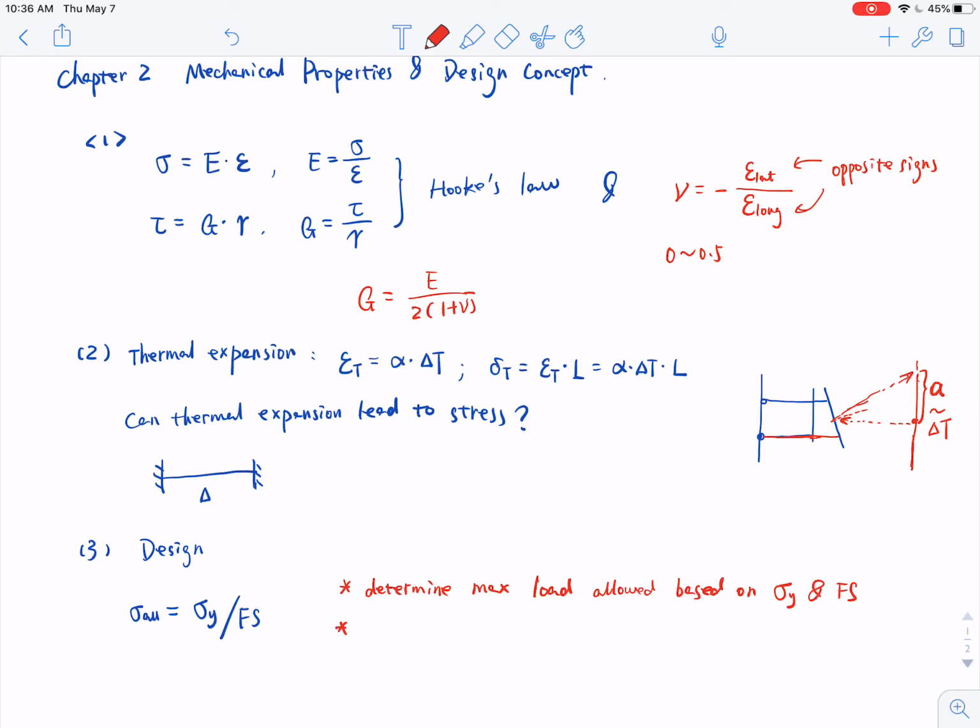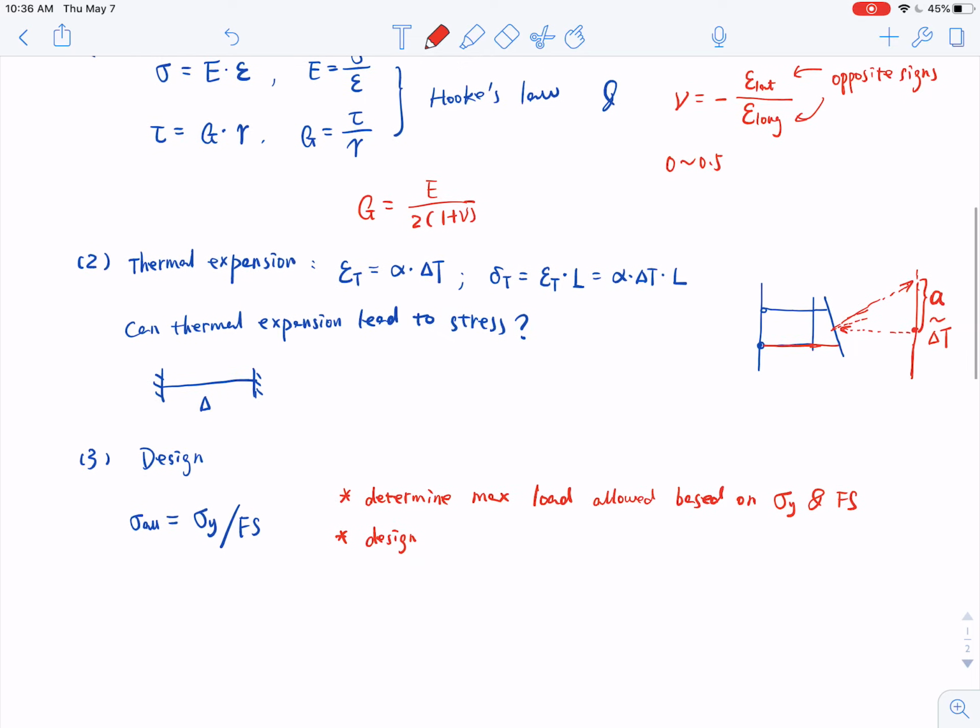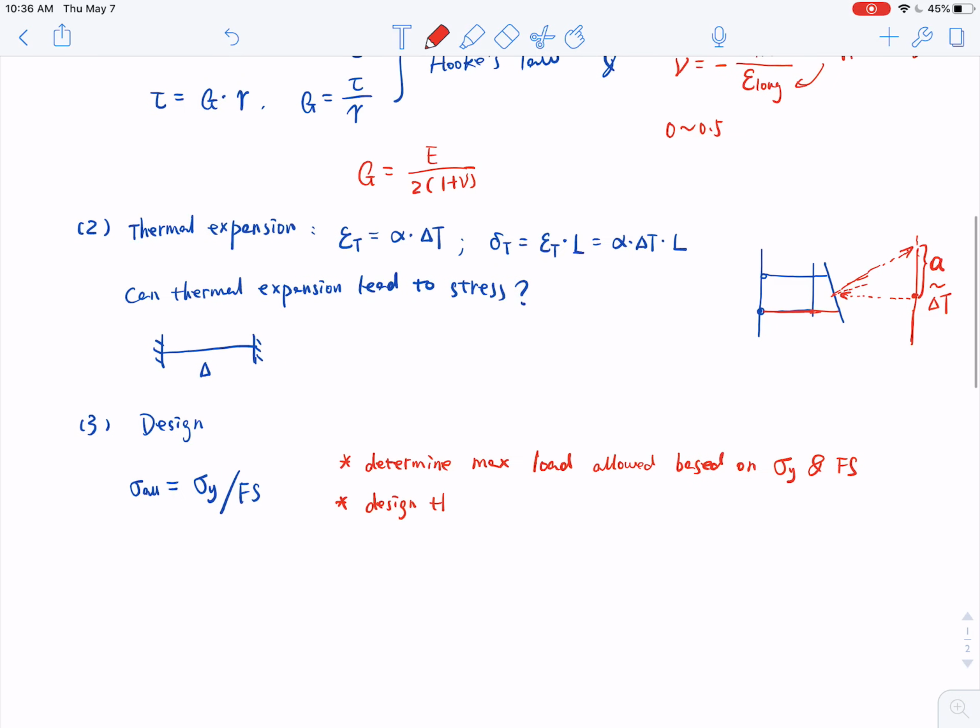The second type, you may be requested to design the dimensions based on desired loading, strength of material, and factor of safety.